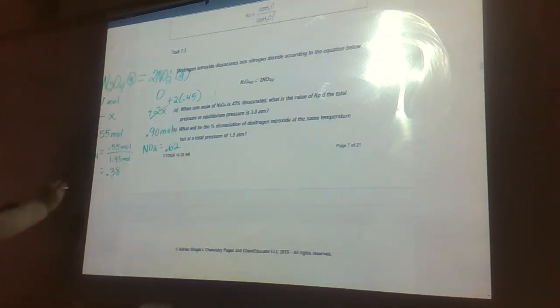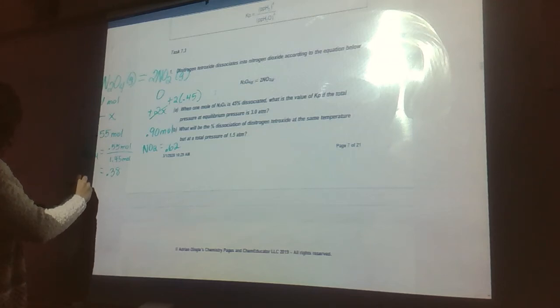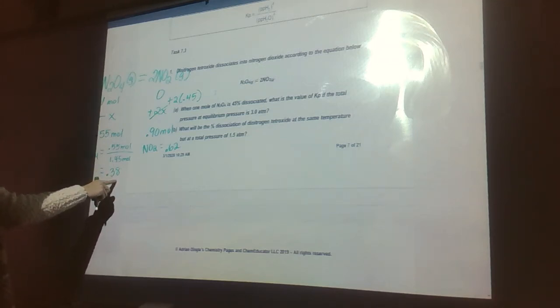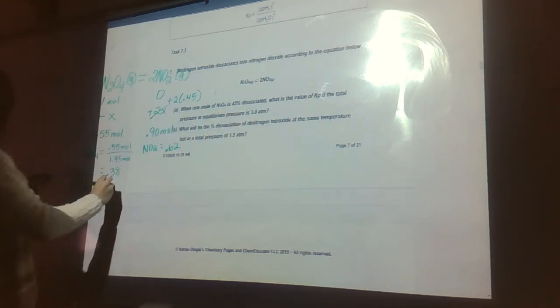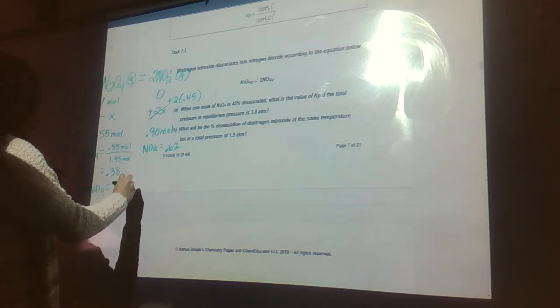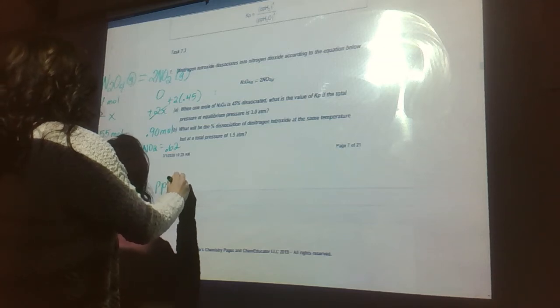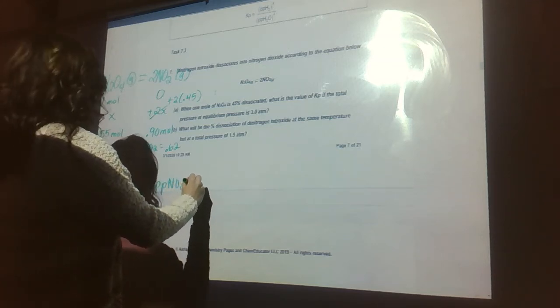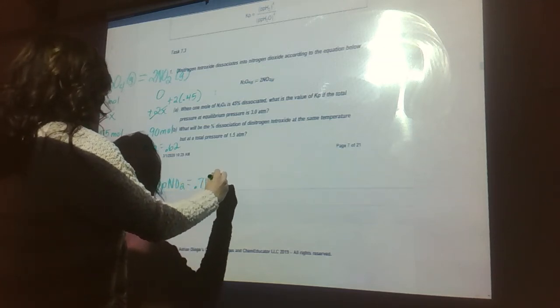And then I need to find the partial pressure of N2O4 by taking 0.38 times the total pressure, which is 1.14 atmospheres, and then 0.62 times 3 atmospheres is 1.86 atmospheres.